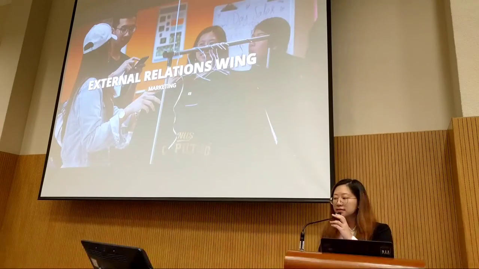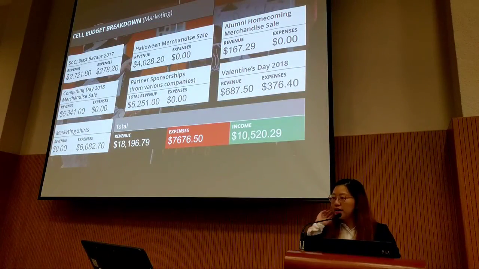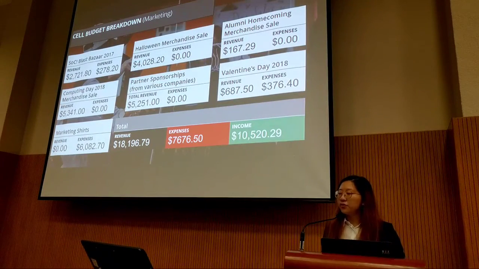Okay, next please. This is the cell budget breakdown for marketing. We started off, after Hui Qi, the previous marketing director, passed down to us, with SOC Blast, Bazaar 2017.